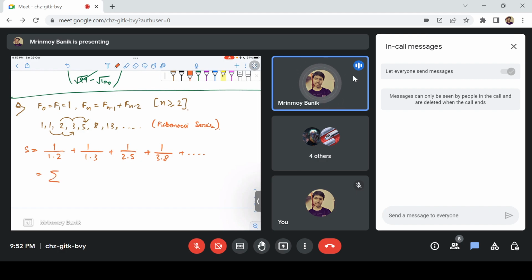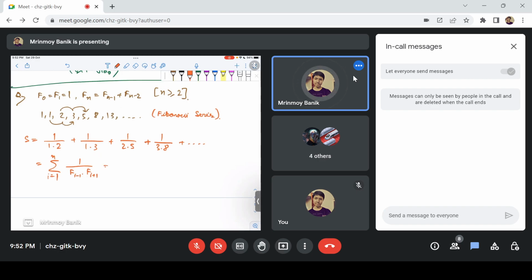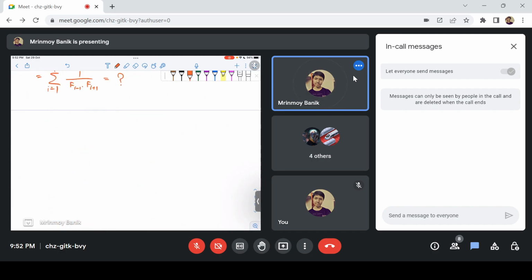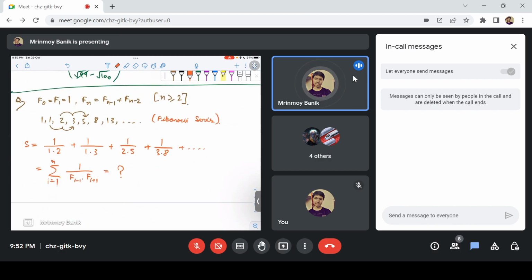So it's basically the sum for i from 1 through n of 1 by f(i minus 1) times f(i plus 1). So try to simplify this sum using telescoping. I will just give you 5 minutes. Till then, let me also try to solve the one that I was trying earlier. So meet you after 5 minutes.